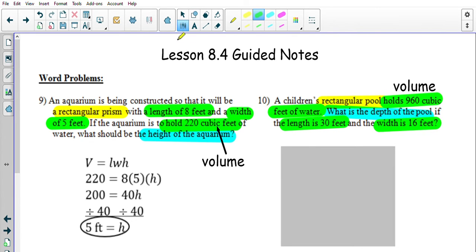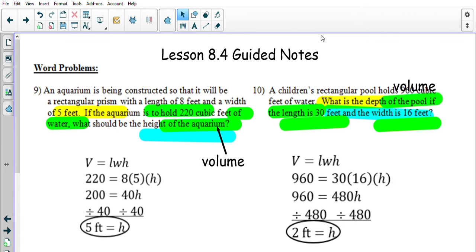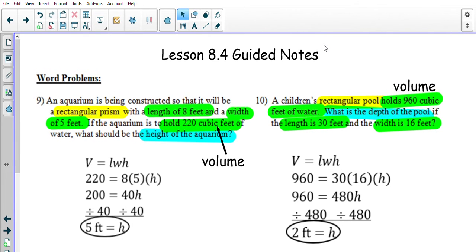So we're going to use the same formula as we did for number 9, which is length times width times height. If we know that the volume is 960, we replace V with 960. The length is 30, the width is 16. 30 times 16 gets us 480.